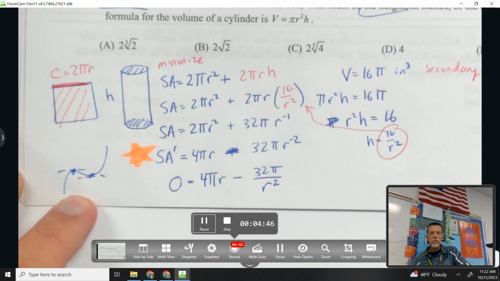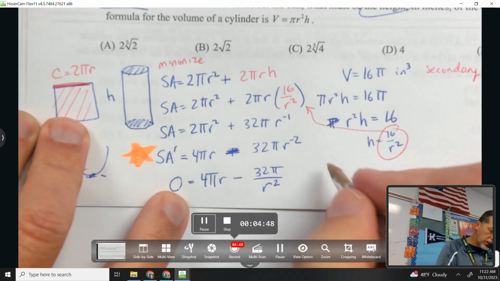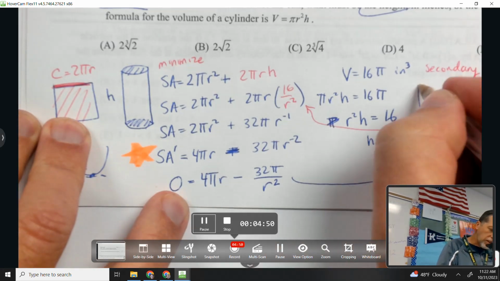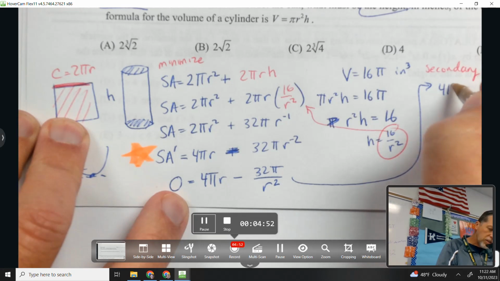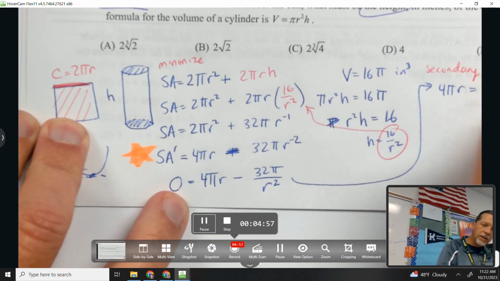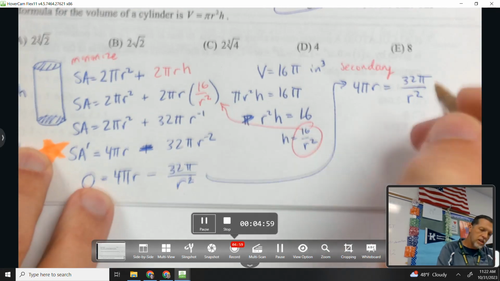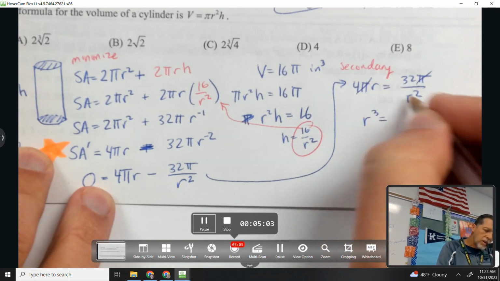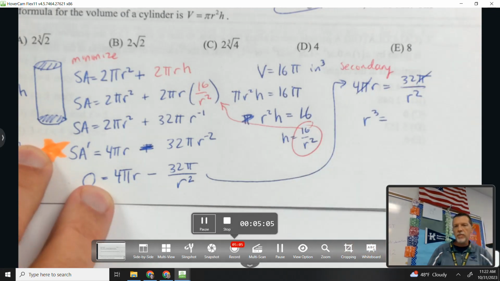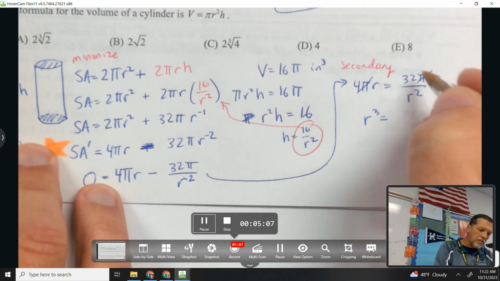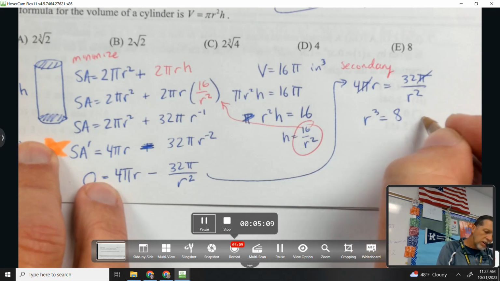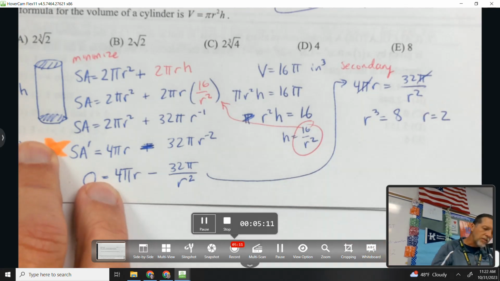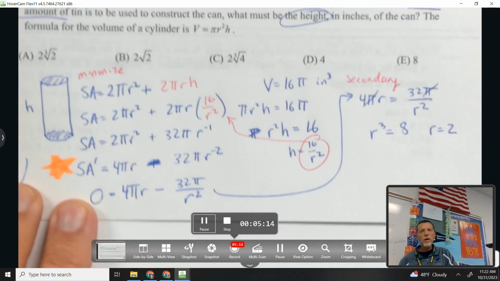Okay, so we can move one of those over. Run out of room here. So 4 pi r equals 32 pi over r squared. Pi's will go away. R cubed, if I multiply both sides by r squared, divide both sides by 4. That was convenient of them. R equals 2.